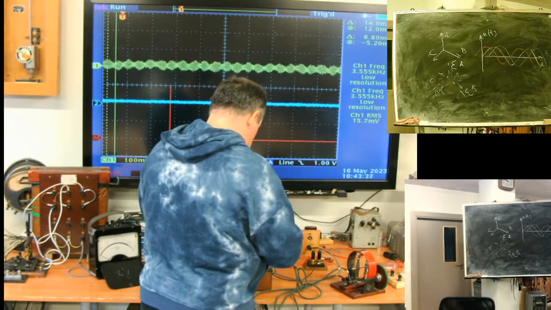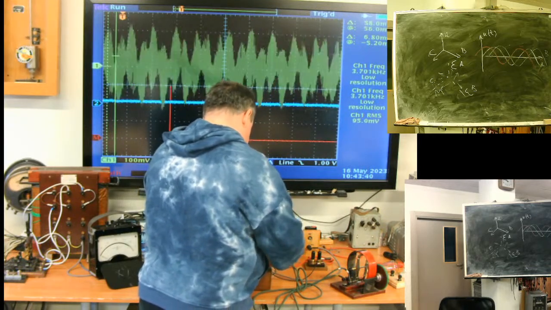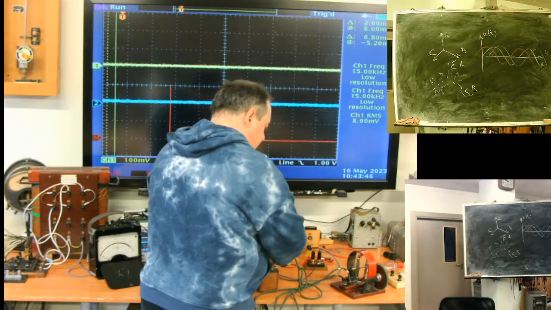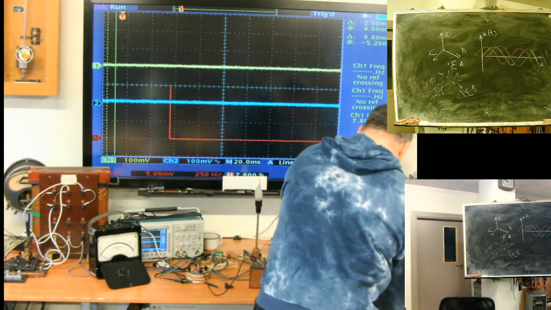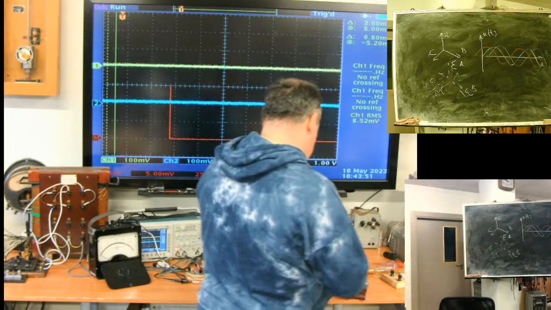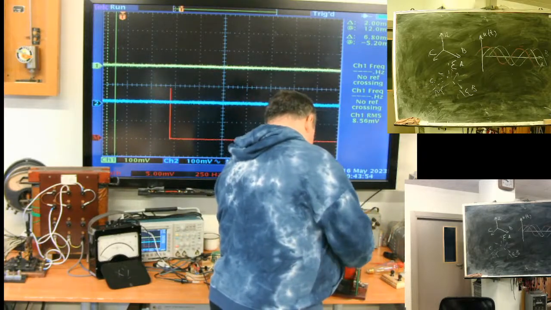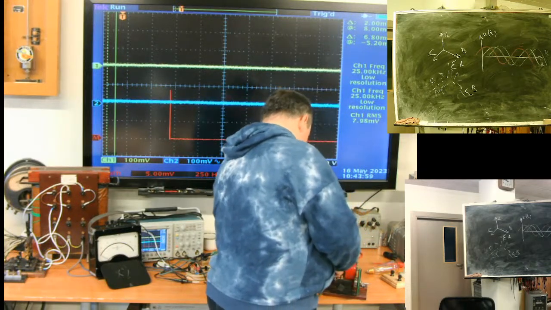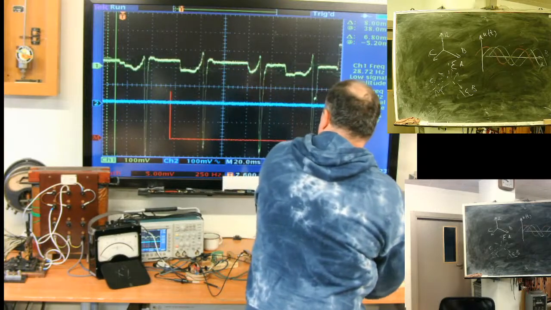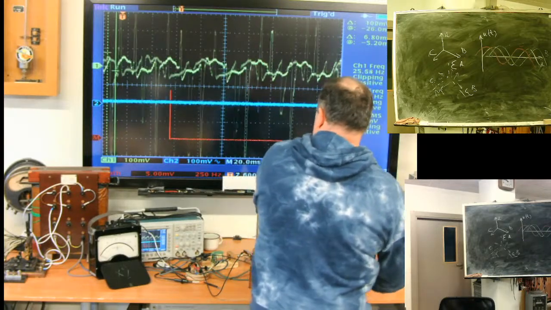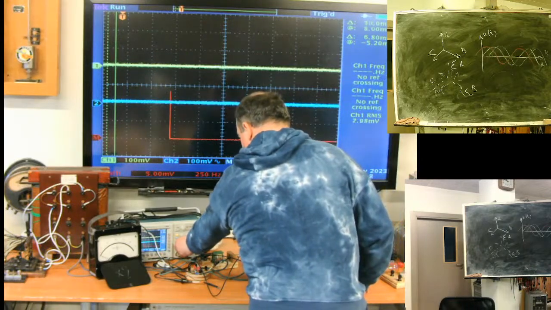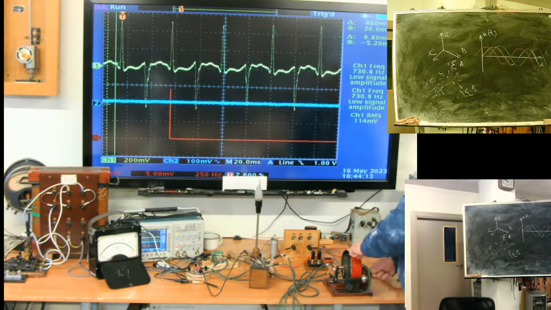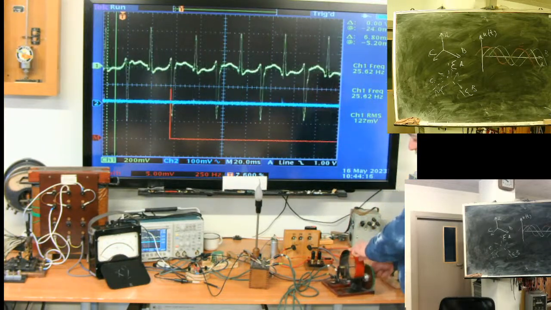One second. We will see voltage, I hope. Where are my... Oh. Like this. Oh, it works. Not a good voltage, but it works.